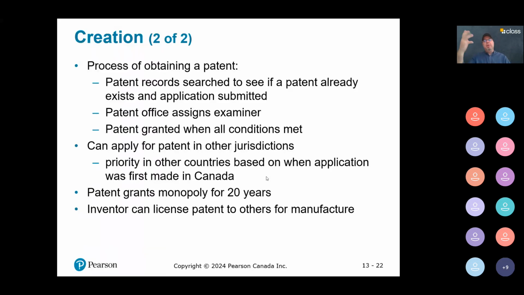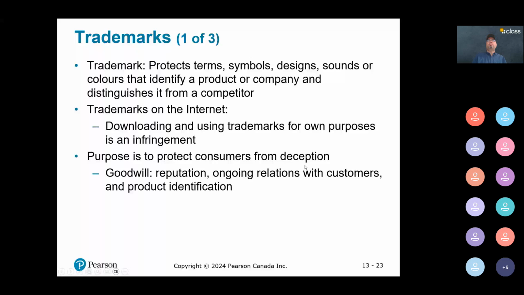So now all other manufacturers have access to how to manufacture that product. And because the patent has expired, they can do so. They cannot use the brand, because we'll see in a minute that brand is related to trademark, but they can manufacture the product. Okay, so there's 20 years protection here for patents.